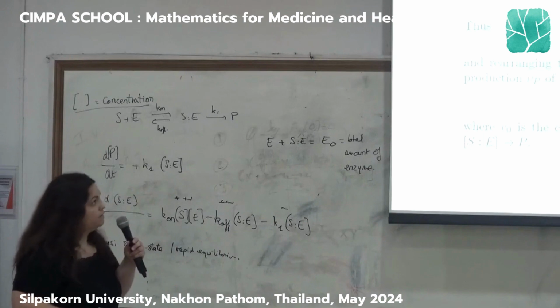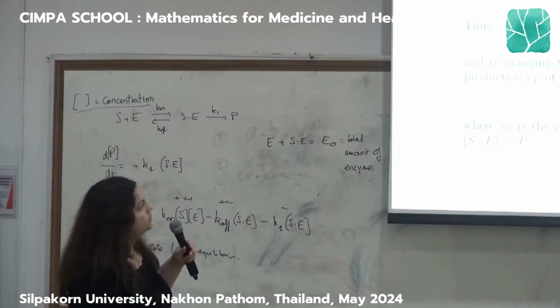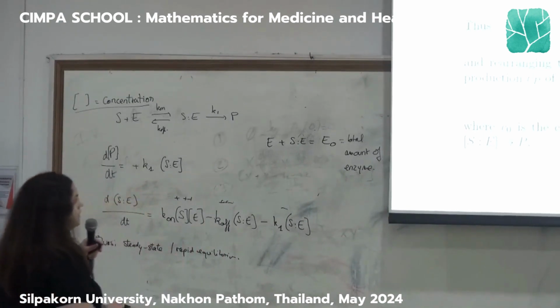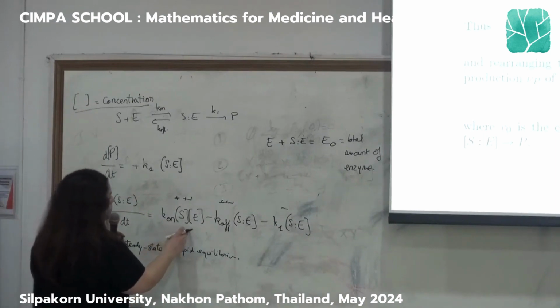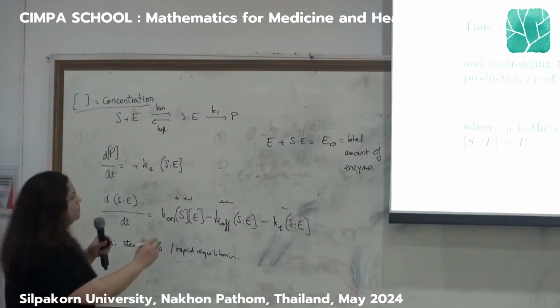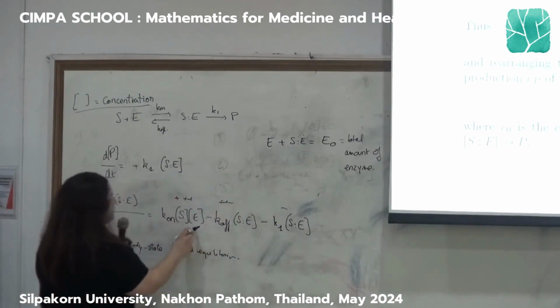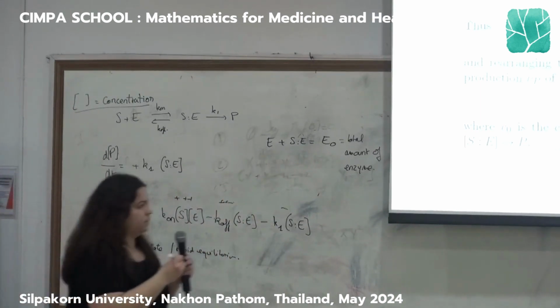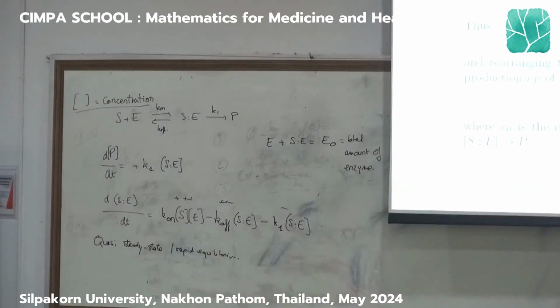And this is what you get here in the second equation. Basically you get that this equals 0, and then you can just use that and put it here. So this is the third line.